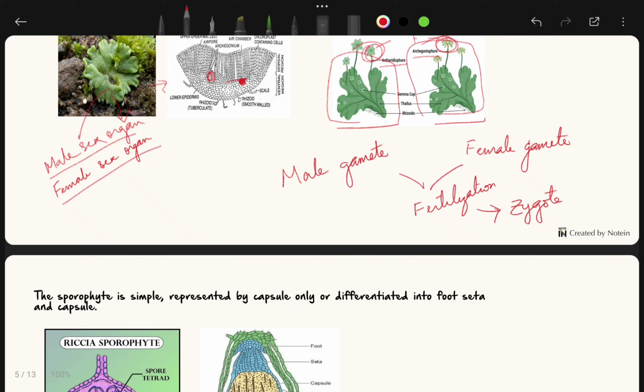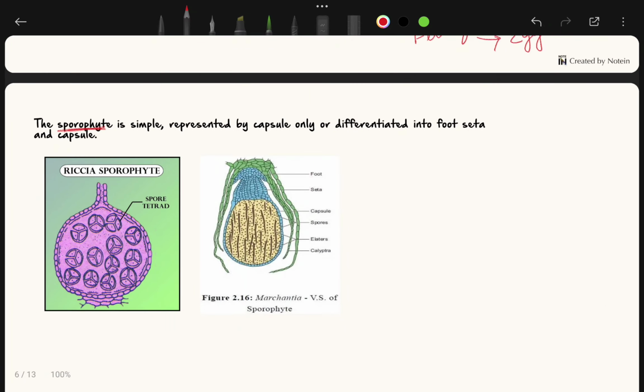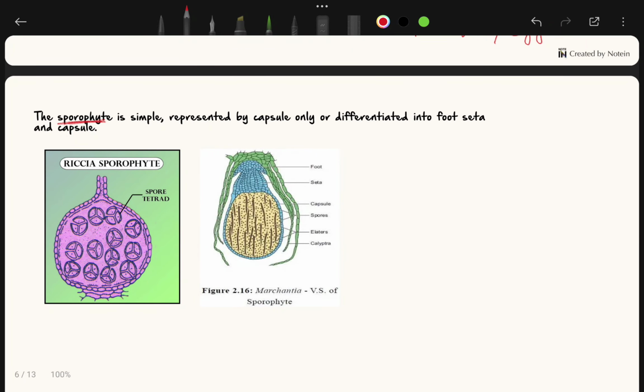The first division is always transverse, and then this will give rise to embryo, and then the embryo will germinate into a sporophyte. The sporophyte may be of two types depending upon different bryophytes. In case of Riccia, the sporophyte that you can see here is a very simple sporophyte.